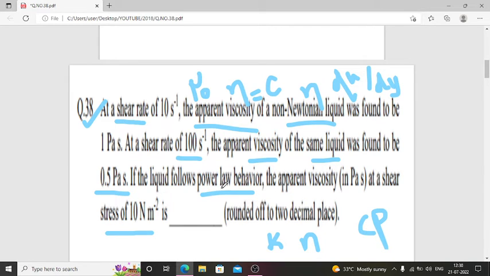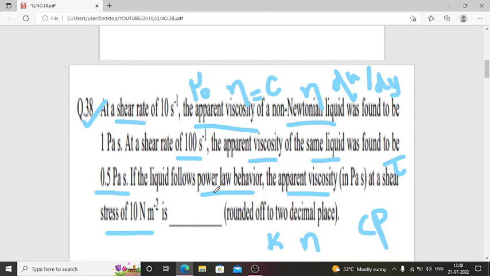So if the liquid follows power law behavior, we are going to determine the apparent viscosity, eta or mu naught, at a shear stress of 10 Newton per meter square. Shear stress is denoted as tau. Here du by dy is 10 second power minus 1 when mu naught is 1 Pascal second, and du by dy is 100 second power minus 1 when mu naught or eta is 0.5 Pascal second.